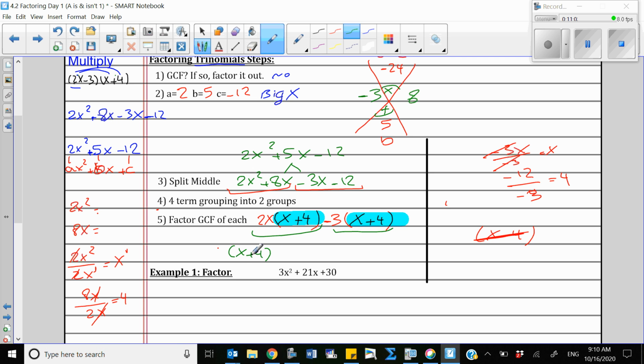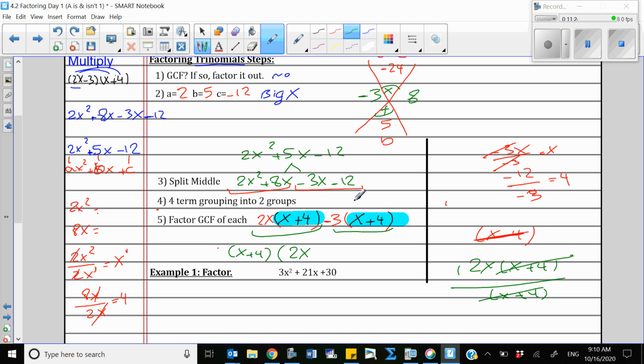If I factor x plus 4 from the first group, it's like I'm dividing this by x plus 4. So what happens? This x plus 4 will be cancelled with this x plus 4. And then I will have only 2x left. So I'm going to open my parentheses and write 2x.